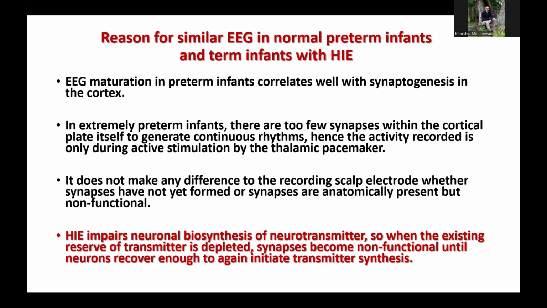So you have this very low voltage, almost isoelectric activity, and the bursts of activity you see are only during active stimulation by the thalamic pacemaker, which discharges every few seconds and is actively stimulating the cortex from the thalamus. And that's what those bursts of activity are.